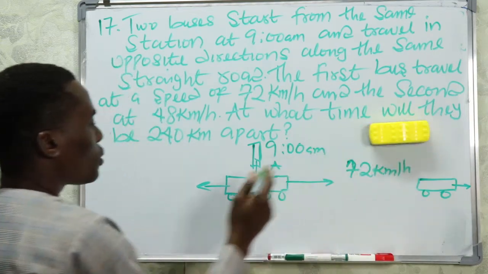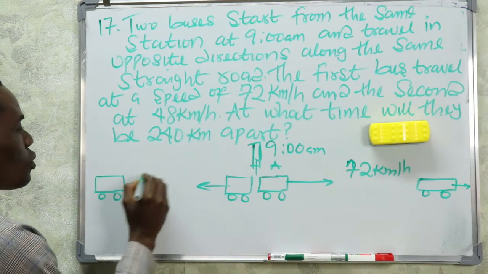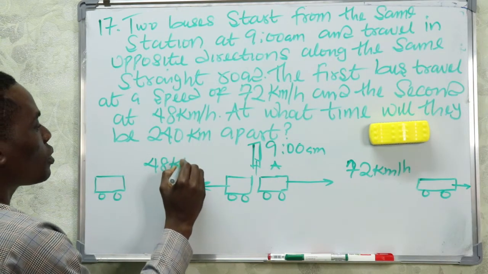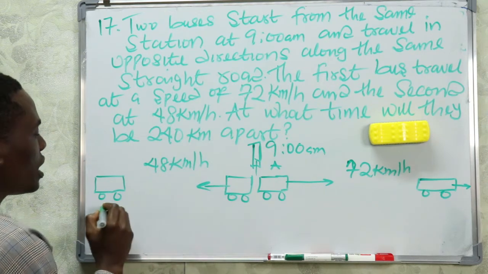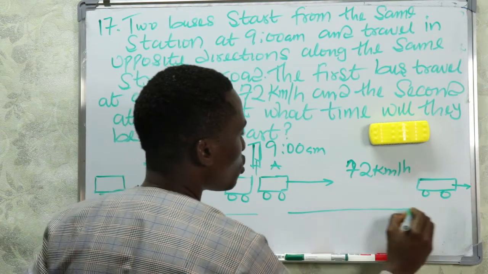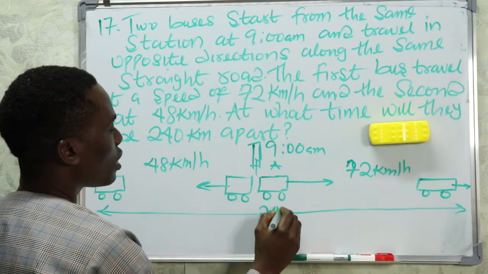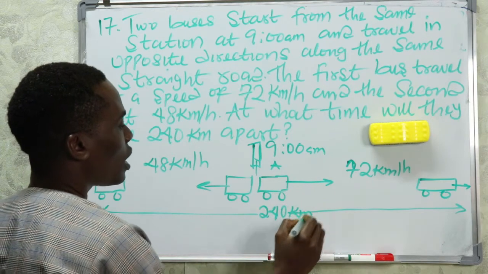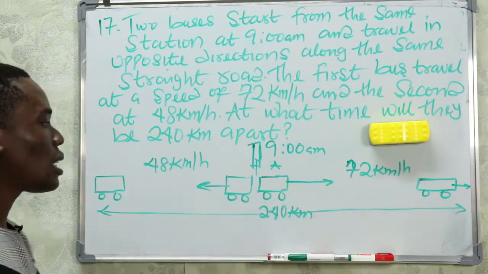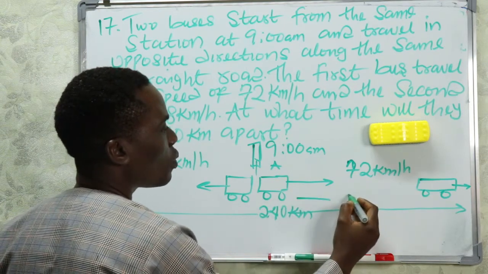And the next bus now traveled and got to this extent at a rate of 48 km per hour. Now when they got here, the question told us that the two buses were 240 kilometers apart. Note that these buses are traveling at a given speed, but the time is unknown.